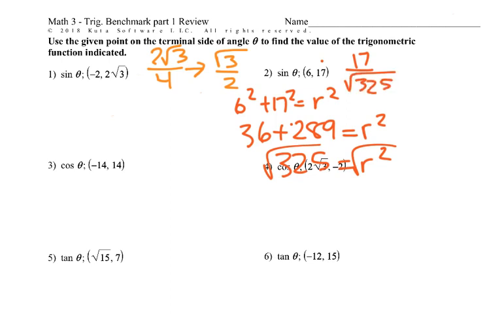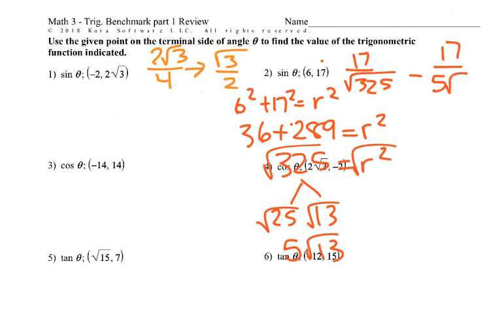So now I'm going to have to simplify this, right? So 325, I could probably divide it by 25. And if I do, I get 13. Well, I know the square root of 25 is 5. Don't know the square root of 13. So I get 17 over 5 roots of 13. Now, technically, I can't leave a radical on the bottom. Okay? So I'm going to have to multiply by the square root of 13 over the square root of 13.